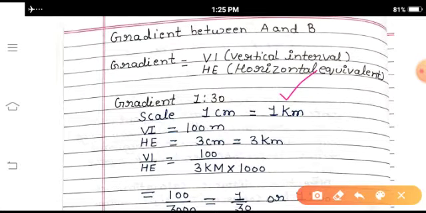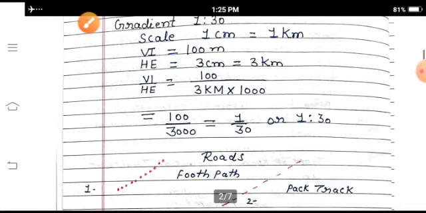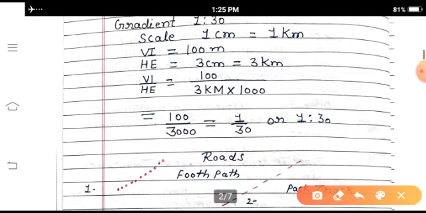If VI is equal to 100 meters, then HE is 3 centimeters, equal to 3 kilometers. VI upon HE equals 100 upon 3 kilometers multiplied by 1000. That shows 1 upon 30, the 1:30 ratio. That gradient is 1:30.